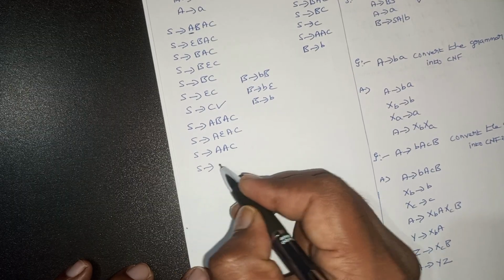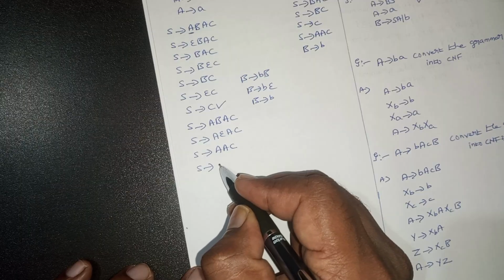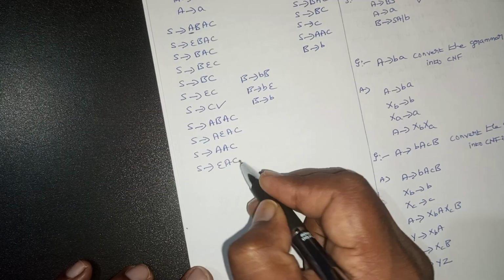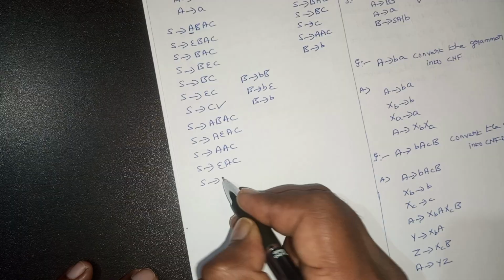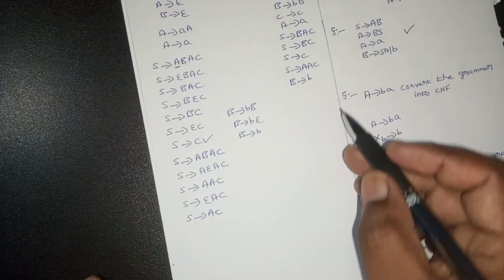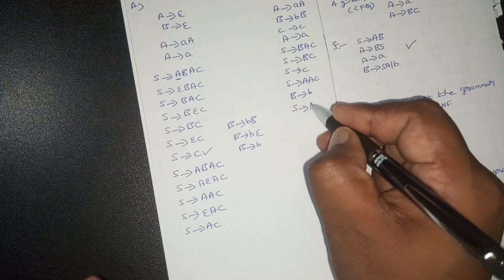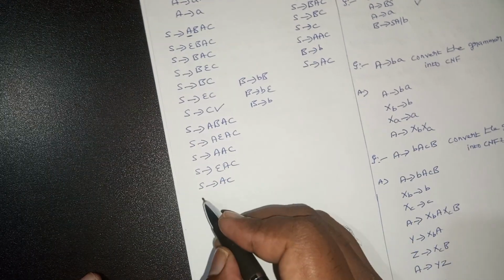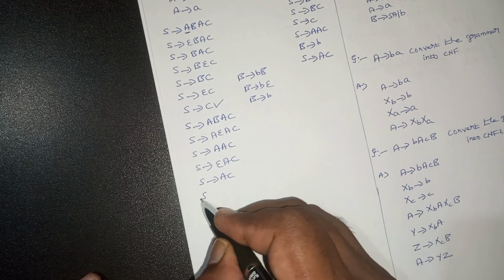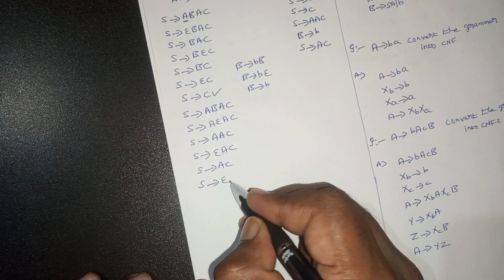S tends to epsilon AC, then S tends to AC. It is already there. Okay, you have to add that also. S tends to AC. Then finally, in the place of A, you write S tends to epsilon C.